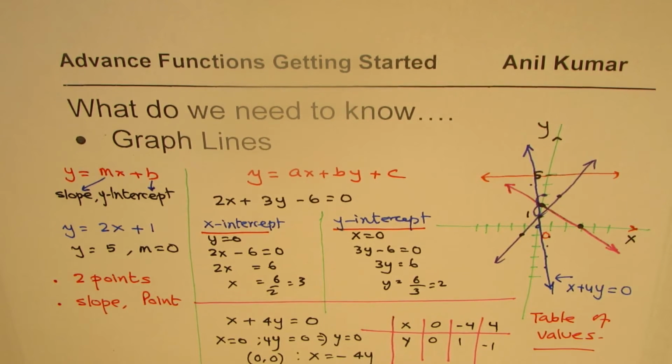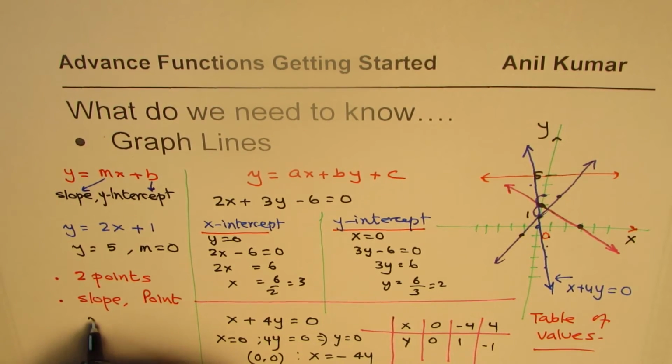But in this, straight lines, they never bend, so they're absolutely straight. All the straight lines can be sketched using 2 points or using slope and a point, or sometimes table of values.